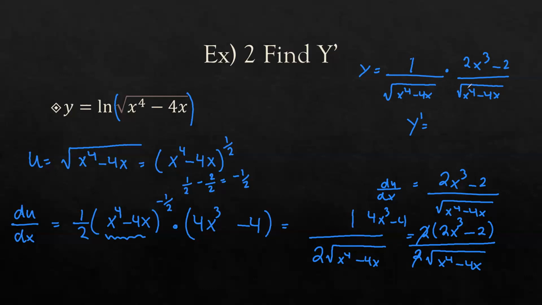I can take out a 2, so that's 2 times parentheses x cubed minus 1. And what happens to the bottom? The square root of x to the 4th minus 4x times the square root of x to the 4th minus 4x: the radical disappears, so you're just left with x to the 4th minus 4x. Okay, so this is y prime. And that's it.